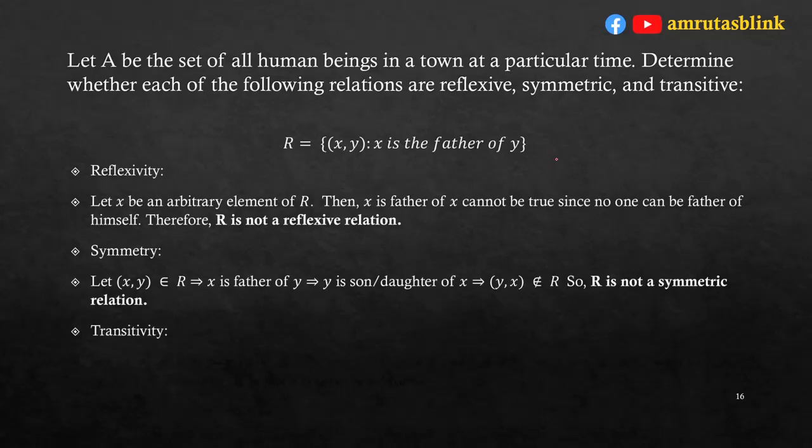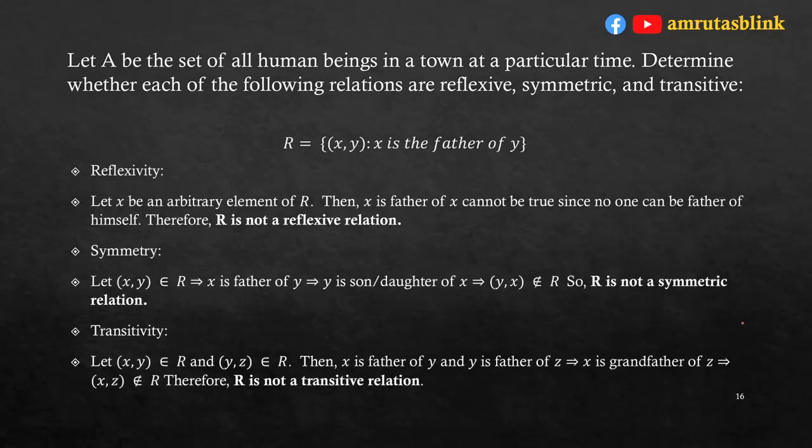Now we'll check for transitivity. Let's suppose (x, y) belongs to R and (y, z) also belongs to R. (x, y) belongs to R means x is a father of y, and (y, z) belongs to R means y is a father of z.